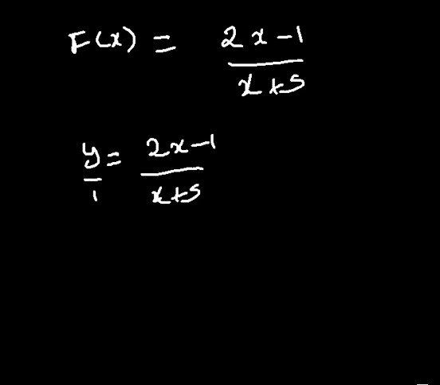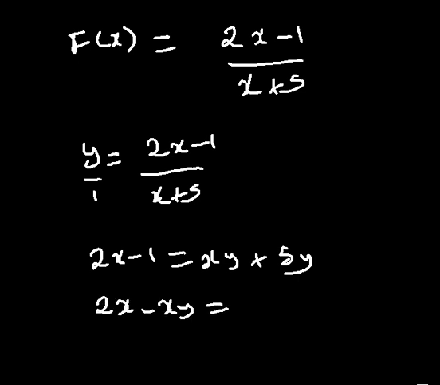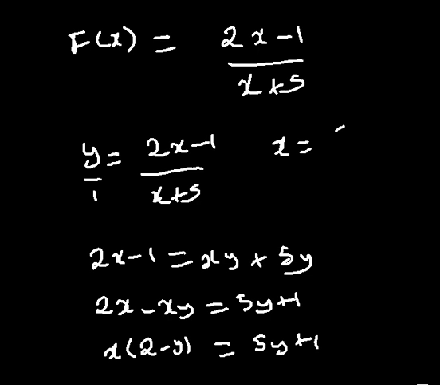I'll cross multiply, so I have 2x minus 1 equals xy plus 5y, and we bring those with x together. I'll have 2x minus xy equals 5y plus 1. We factor out x: x times 2 minus y equals 5y plus 1, and therefore x equals 5y plus 1 divided by 2 minus y.